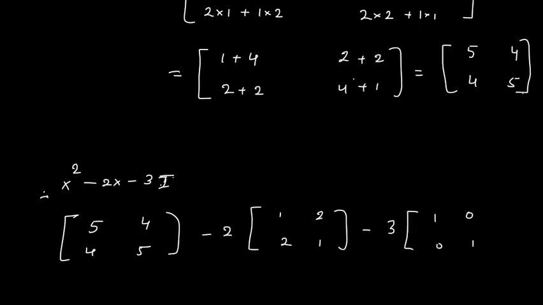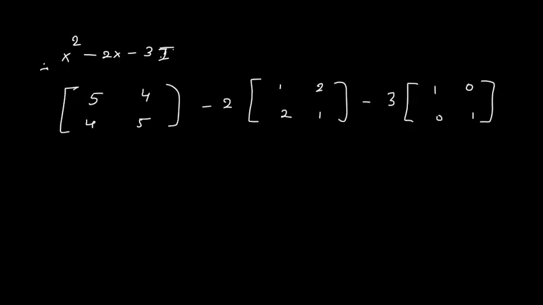Okay, so this is equal to, now what I will write: this is 5 minus 2 into 1 minus 3 into 1. Second, I will write 4 minus 2 into 2, minus 3 into 0, 3 into 0 is 0. Then here it is 4 minus, this is 2 into 2 is 4, and then 3 into 0 is 0, so minus 0.